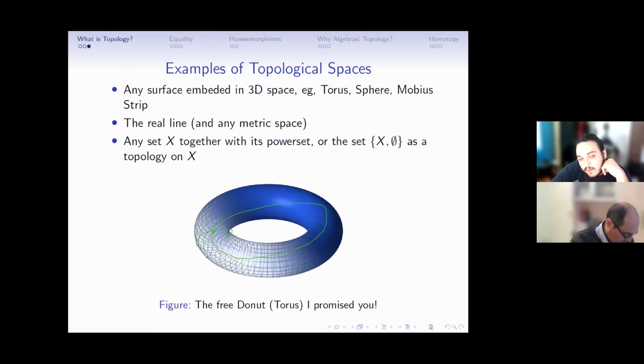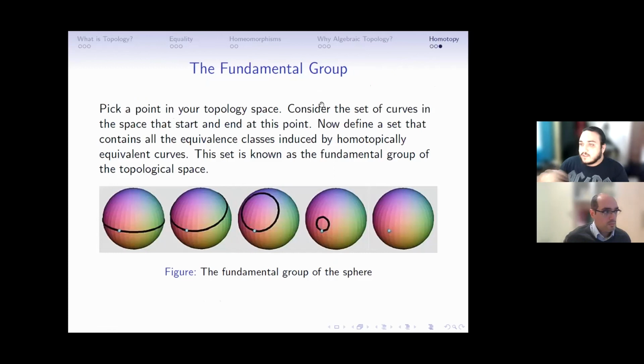And these two wouldn't be, as I said before, continuously deformed into one another, but you'd be able to equate all the curves that go, for example, under the curve like that and back to the point. So that's more or less what the fundamental group is. The fundamental group is a group under composition of functions, so a composition of curves. You start at one curve and you end at the other.